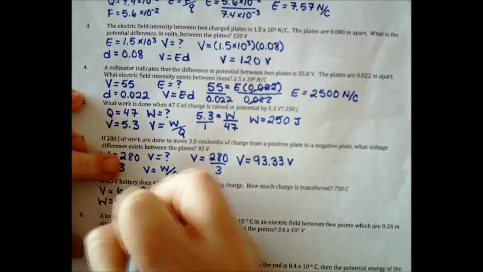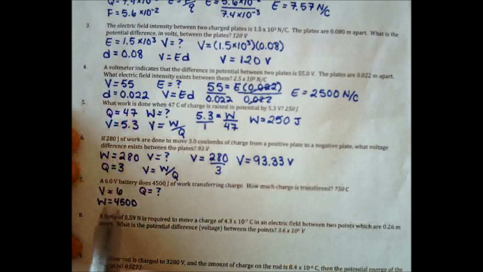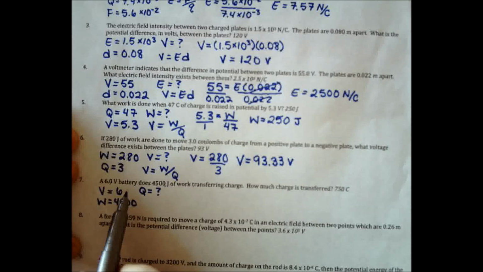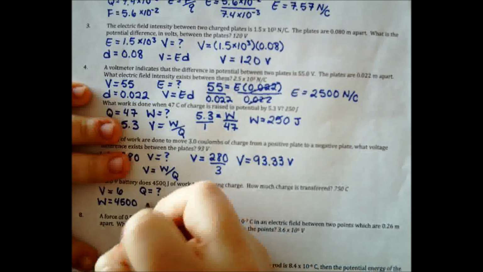How much charge is transferred? Well, this is a ton of work being done by a relatively small amount of voltage. So I'm going to go with it needs to be a lot of charge. Let's see how it works.